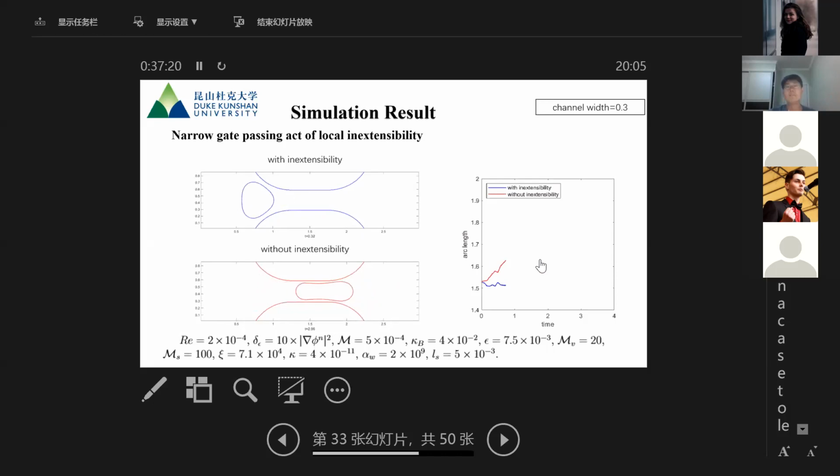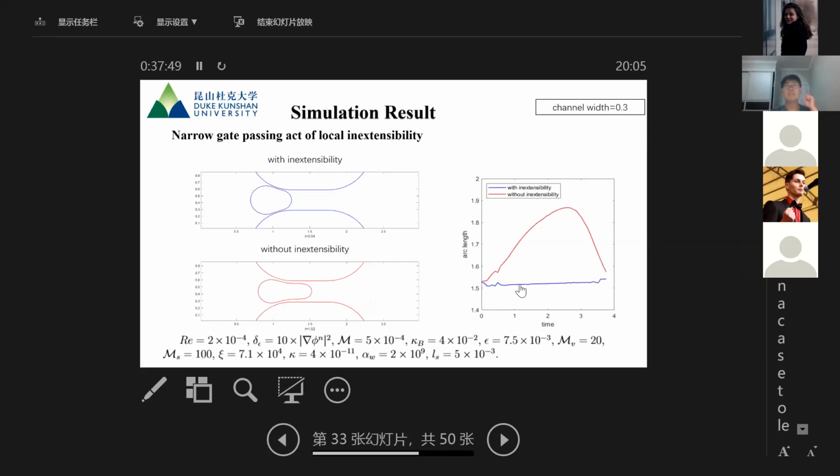But this also tells you that if we remove this constraint, the total surface area actually increases when you pass through the channel and then comes back after you pass through. But if you keep the constraint, it's almost always constant. It is a little bit perturbed because it's a Lagrange multiplier. It's not exactly conserved, but it seems that with this Lagrange multiplier, it's preserved pretty well.